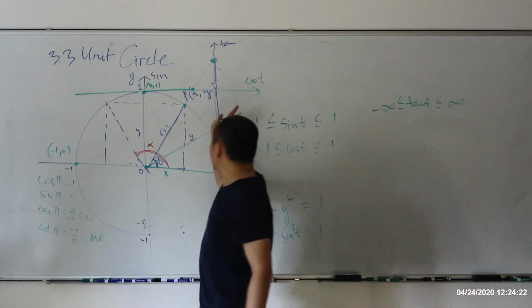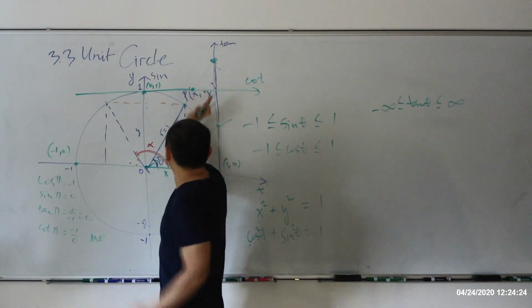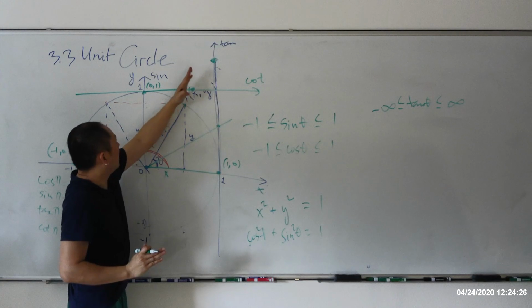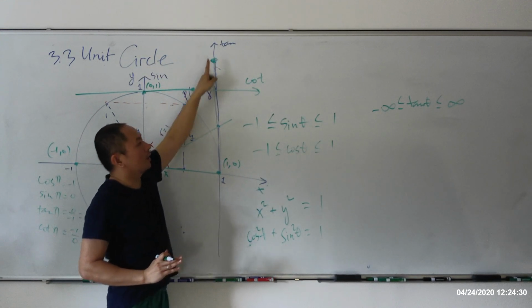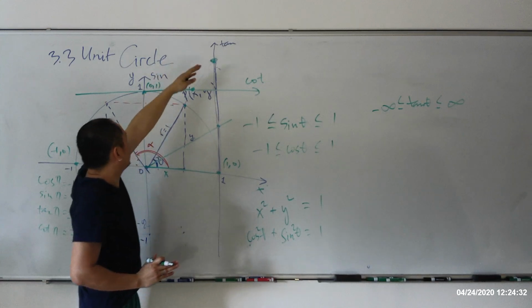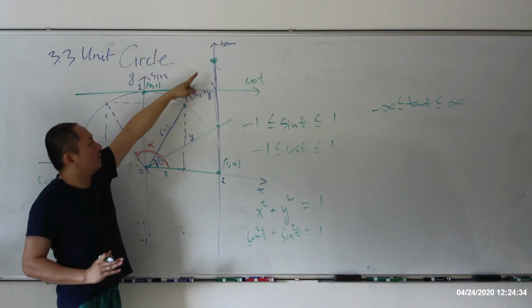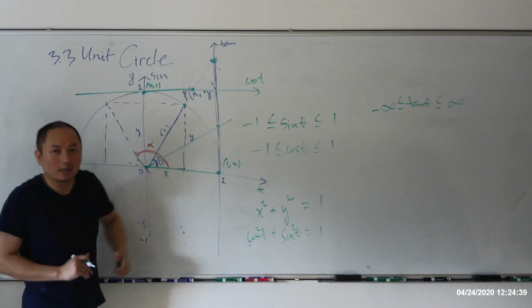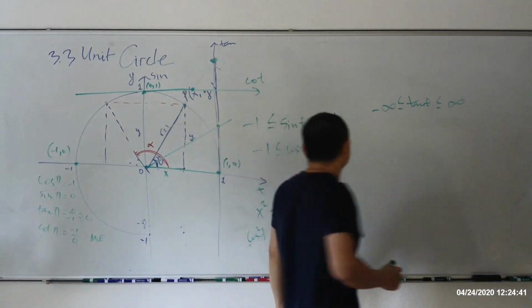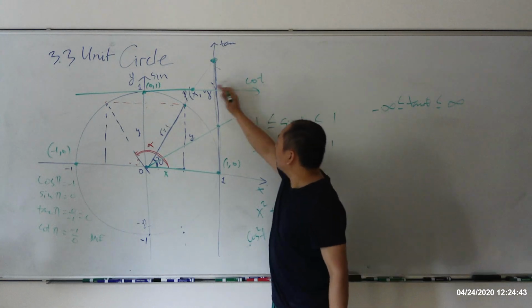When do we have tangent equal to infinity? If the angle is, you see, moving this way, the angle is getting closer and closer to 90 degrees, and this tangent point is going to keep moving up further and further. When the angle reaches 90 degrees, the tangent value goes to infinity. Same thing, if you move the angle this way, it goes to -infinity. Okay? And same thing for cotangent.